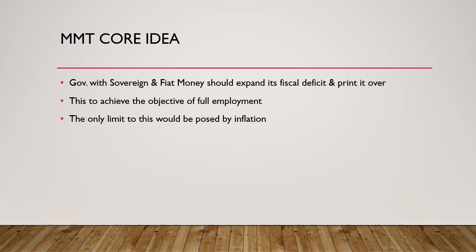The only limit can be put upon it by inflation. If the government does that, it would not crowd out private investment like it used to in the old monetary setup.